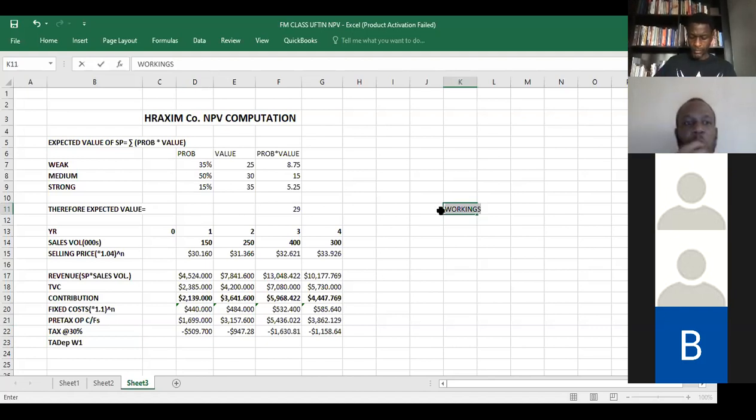Okay, so our expected value was our first working, if you will, but we can have left it separately. So please, there's no need for year, opening, closing, depreciation, and the rest of them.